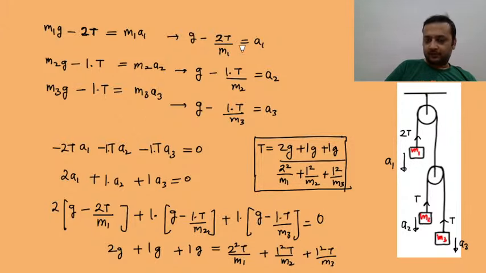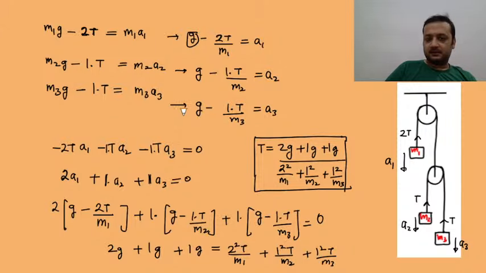And when you put the value of A1 here, what happens? This 2, which was left by the tension, gets multiplied by gravity, and this 2 gets multiplied by this 2. So it becomes 2 square. Similarly, this one gets multiplied by gravity and by this one, so it becomes 1 square.